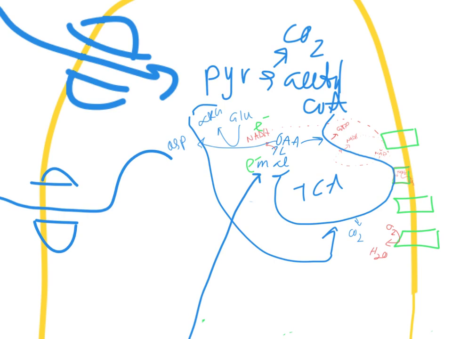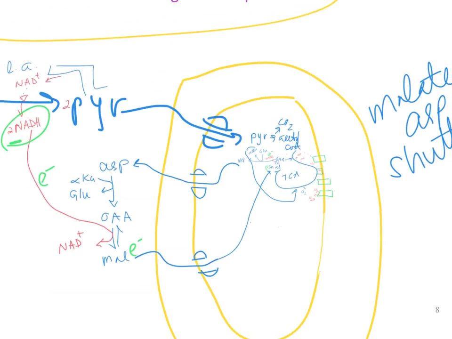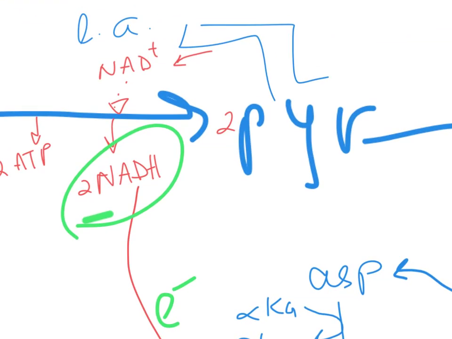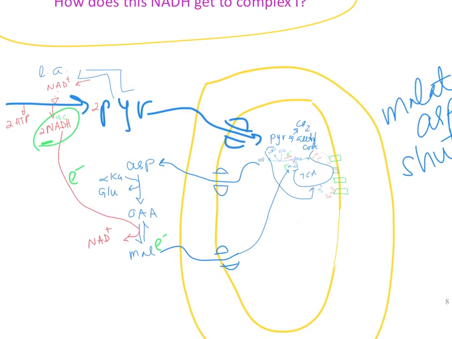So the only thing really from glycolysis, from the NADH that's moving, are the electrons. And the NADH itself does not cross the membrane. So if you were to C13 radio label this NADH, you would not find any C13 NADH in the matrix because those atoms don't cross the membrane.